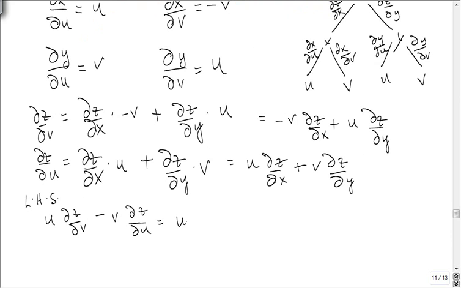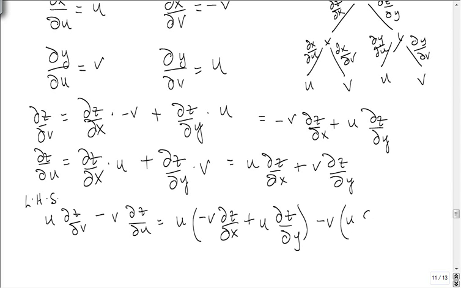So that is U times what you just found up there, minus V partial Z partial X plus U partial Z partial Y, minus V times U partial Z partial X plus V partial Z partial Y.